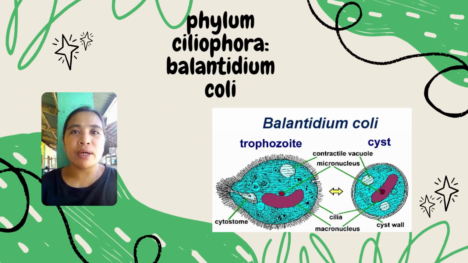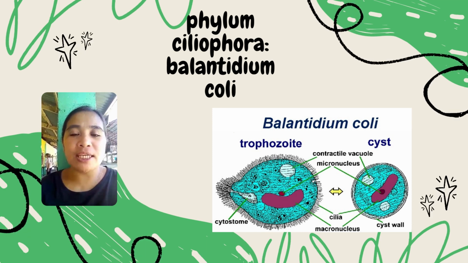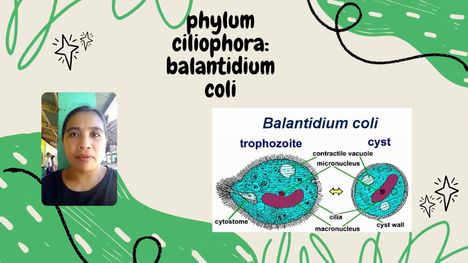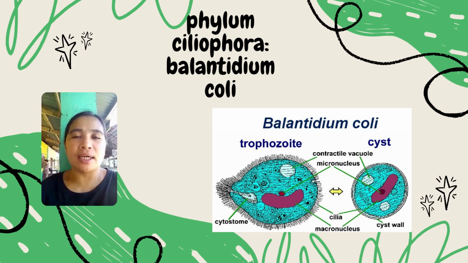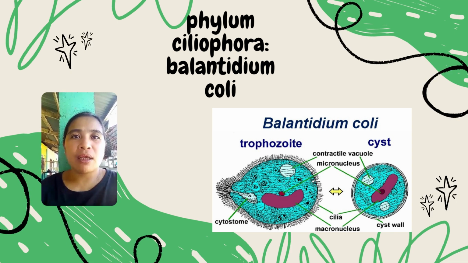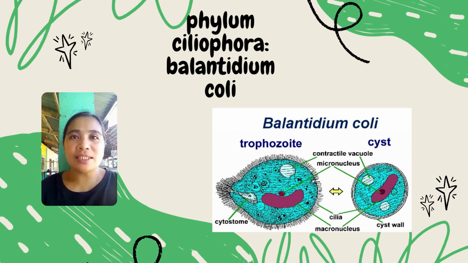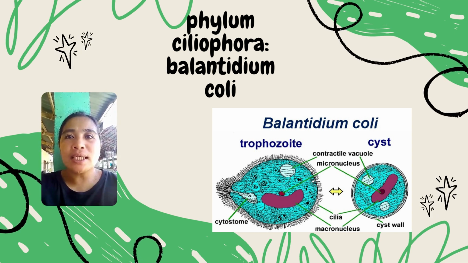Phylum Ciliophora, Balantidium coli. Important properties and life cycle. Balantidium coli is more complex than E. histolytica, and is the largest protozoan to infect humans. Infective stage: cyst containing 2 nuclei, the micronucleus not readily visible.